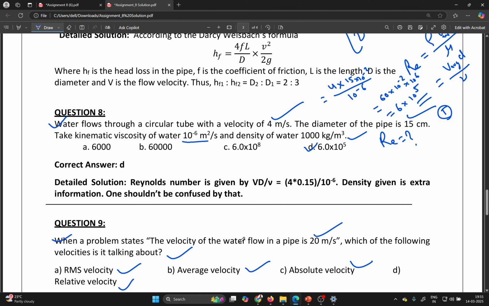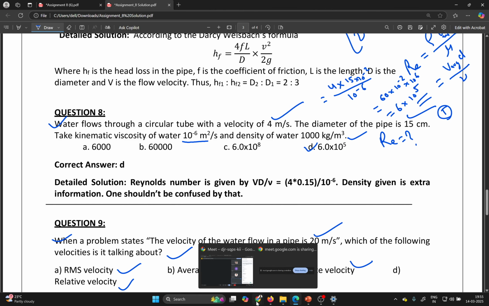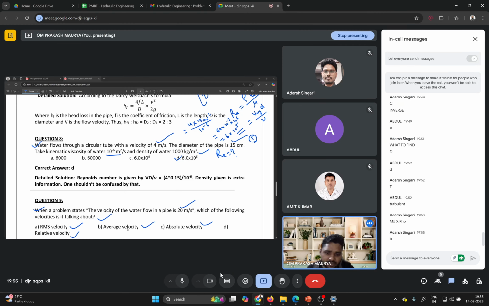Please try to give your answer. Others are telling option B. Okay, good. Other students, please also.